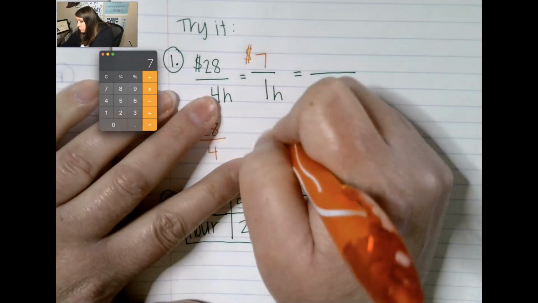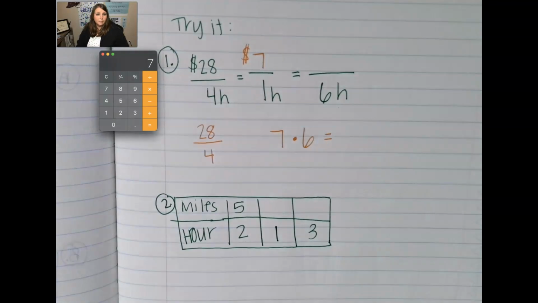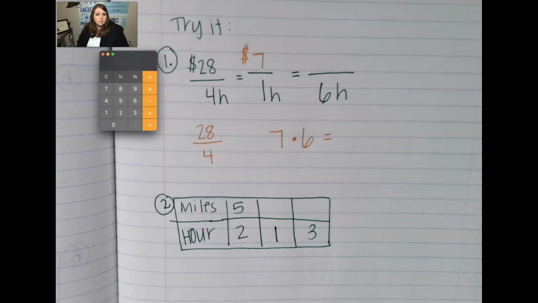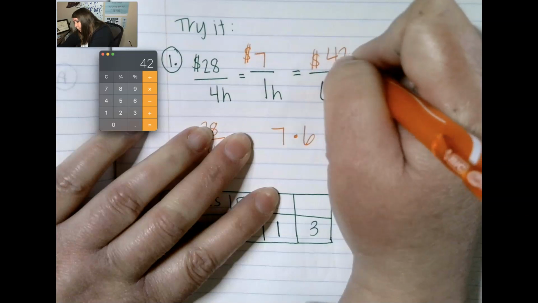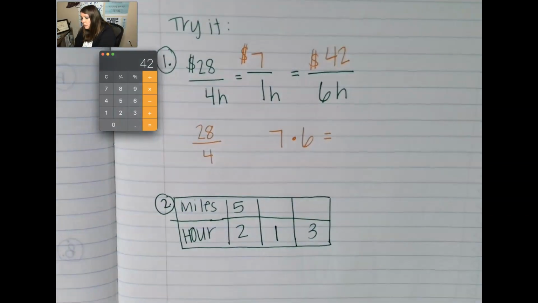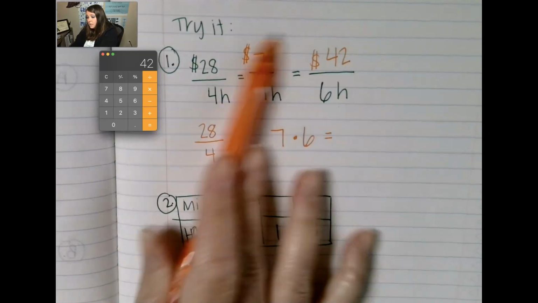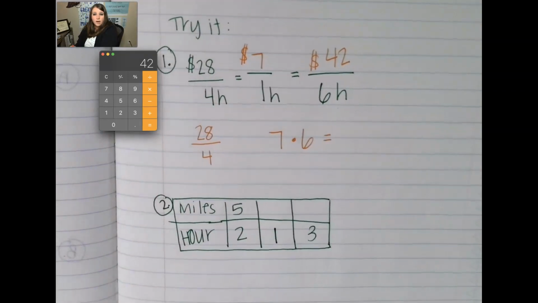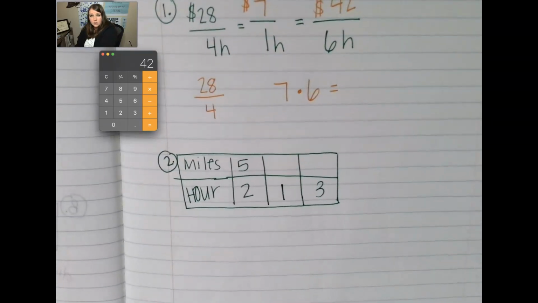Now I'm just multiplying 7 times 6. And that is going to give us $42 per 6 hours. Okay, so you could set it up just like this as fractions. Those are all equivalent fractions now.